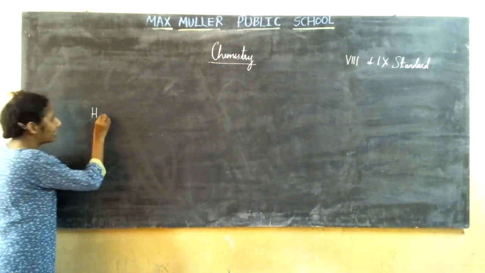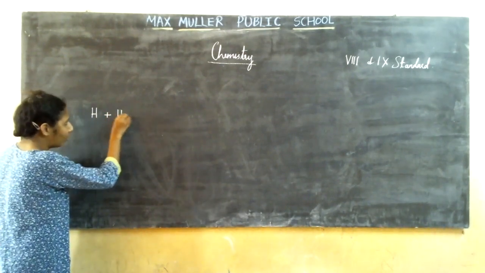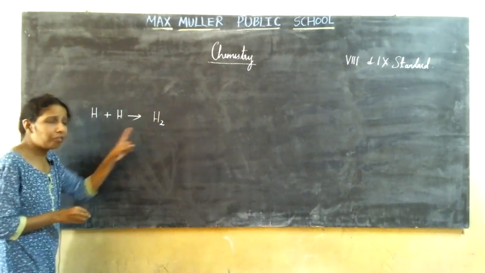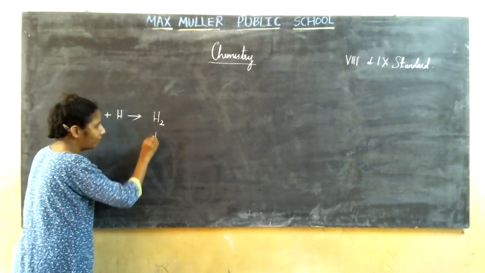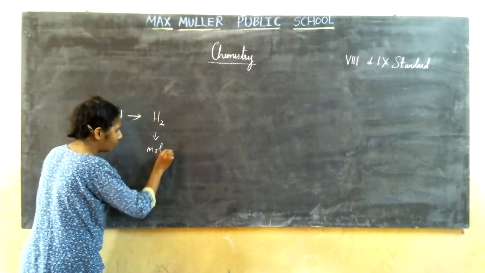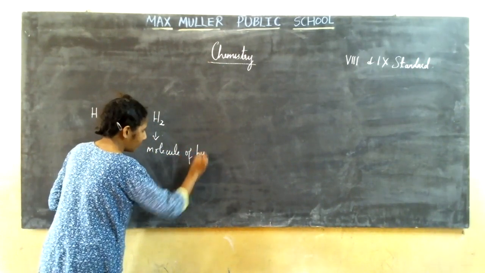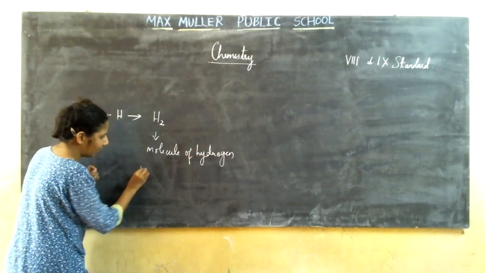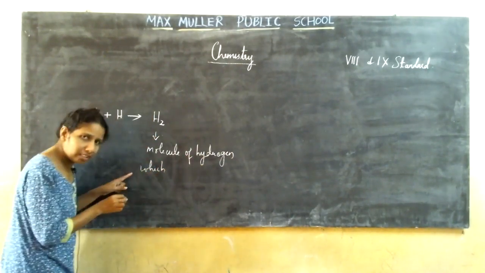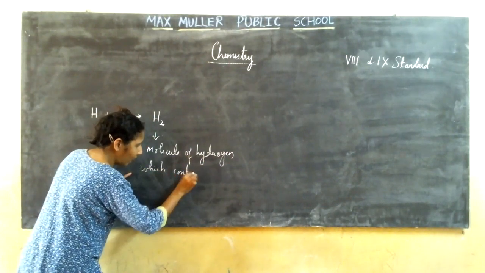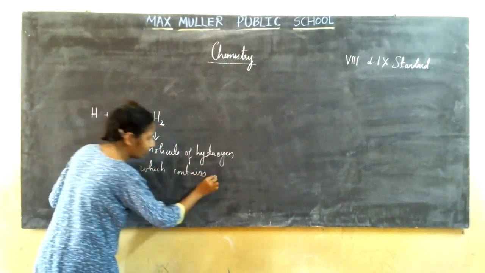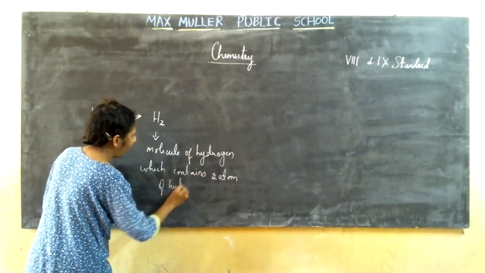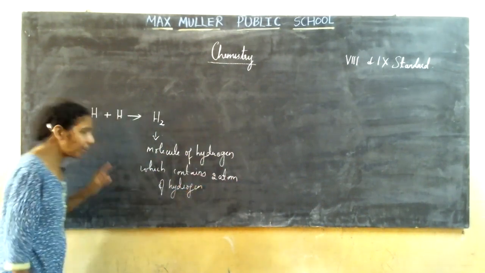Always it combines with another hydrogen atom to form a molecule of hydrogen, which contains, listen to this carefully, how many atoms? Which contains 2 atoms of hydrogen. I hope you people understood.